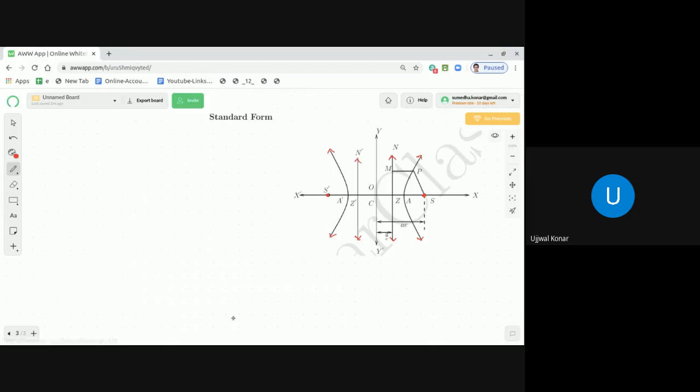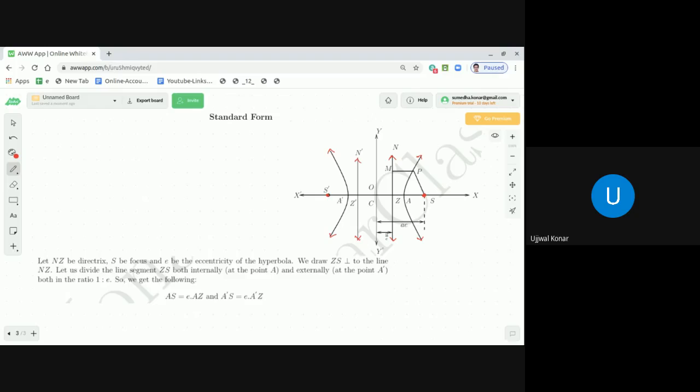As you see here, dear students, NZ is the directrix, S is the focus, and E is the eccentricity of the hyperbola. We draw ZS perpendicular to the line NZ.